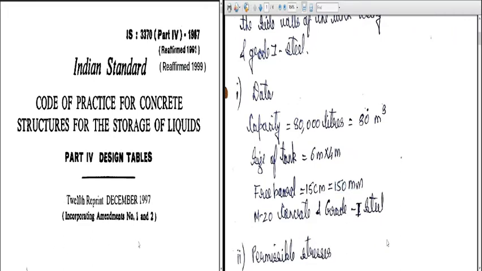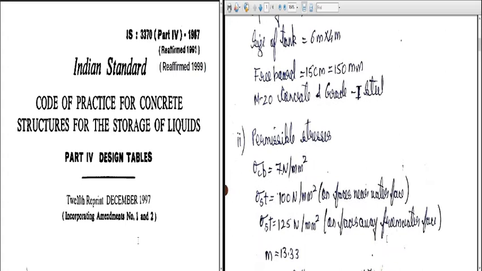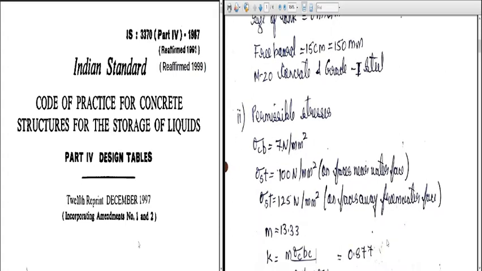and grade 1 steel. So depending upon grade of concrete and grade of steel, by using IS 456 2000 and IS 3370 part 2, we came across this. So sigma CBC is equal to 7 Newton per mm square.